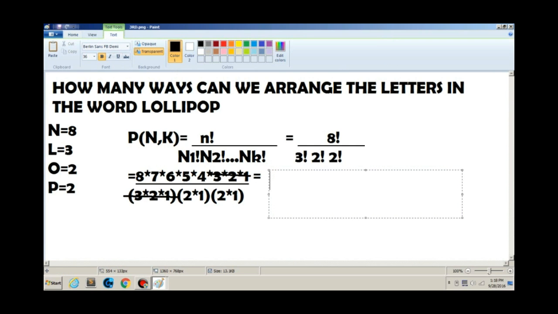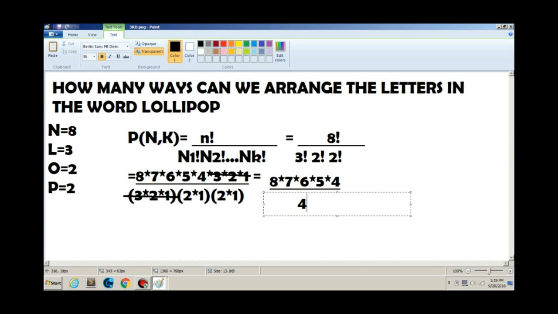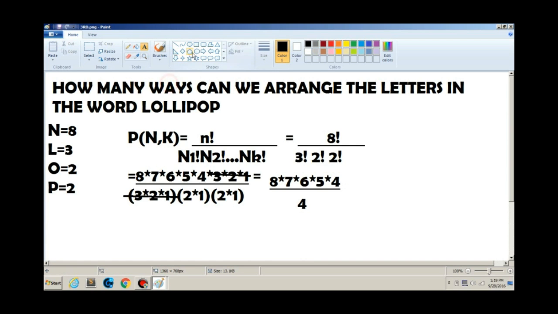And the remaining number is 8 times 7 times 6 times 5 times 4 over 2 times, let's just multiply it directly. 2 times 1 is 2 and 2 times 1 is 2, so 2 times 2 equals 4, and cancel this number 4.